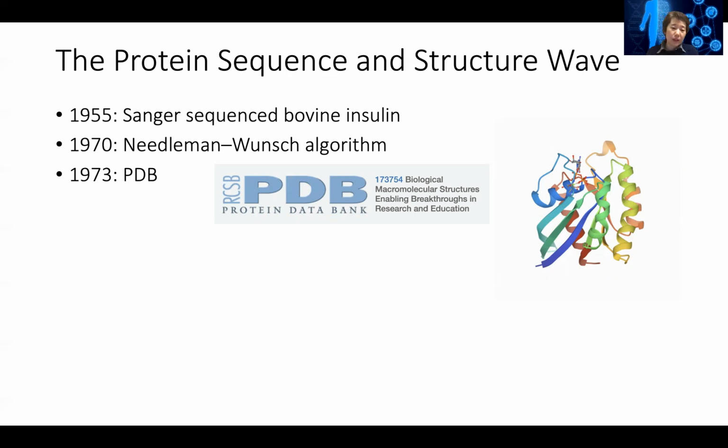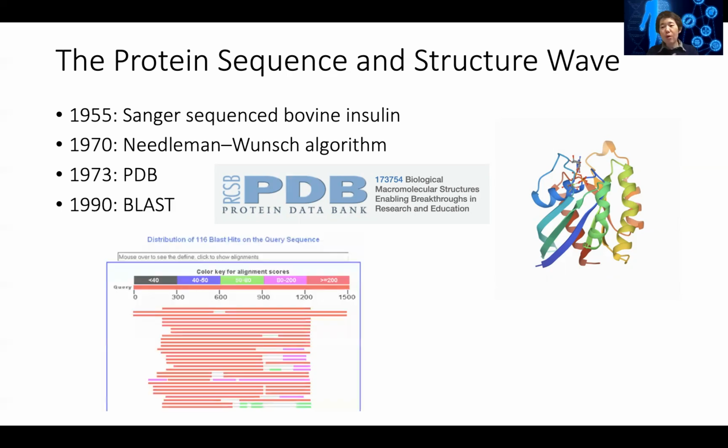And as we mentioned, if more and more sequences become available, doing pairwise sequence alignment will become very expensive. Therefore, there are databases available to store all the publicly available or newly sequenced protein sequences.